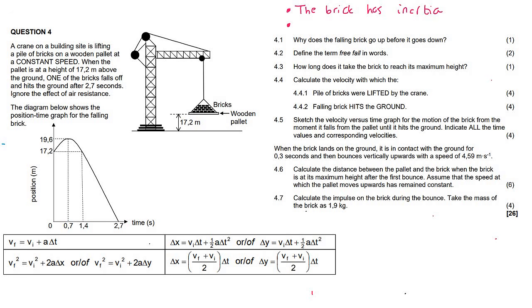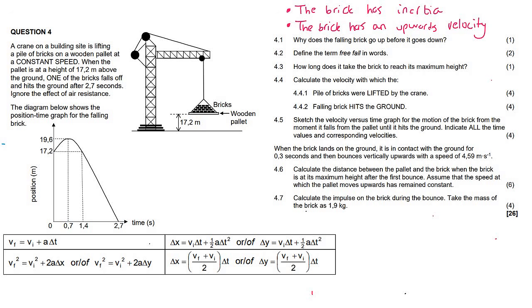The other thing you could have said was that the brick has an upwards velocity. Any of those would be fine. It's only for 1 mark, so you would only need to choose one of those.